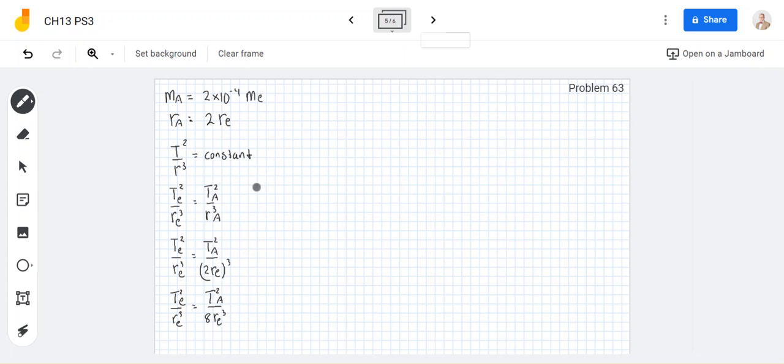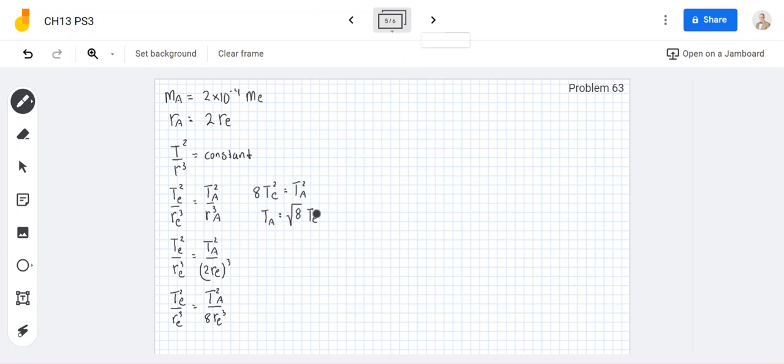I end up with this expression here, 8 times t squared Earth is equal to t squared for the asteroid, because the r's disappeared. And that means that the t for the asteroid is going to be root 8 t for the Earth.